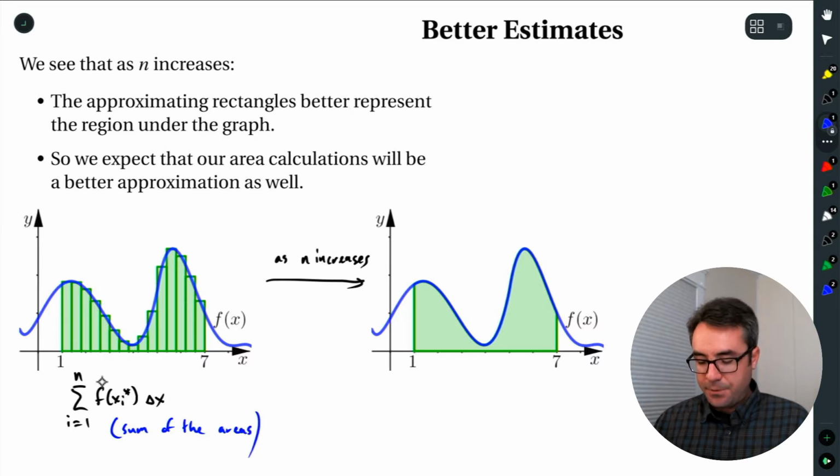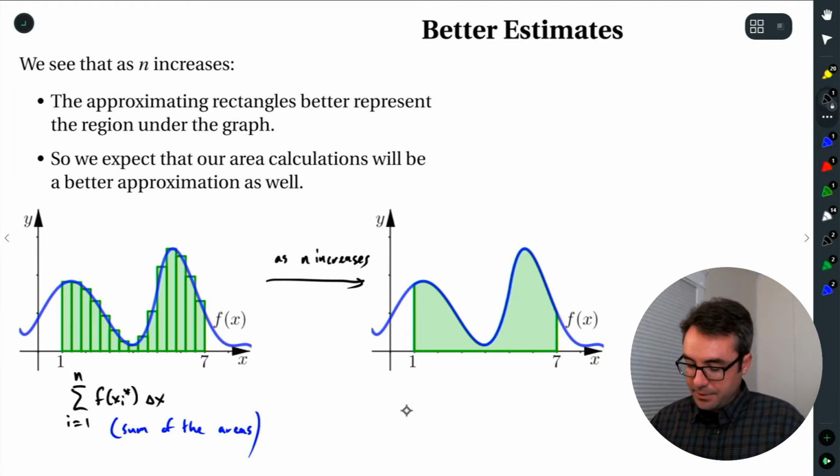If we let the number of rectangles increase, they're going to get really thin. There's going to be a whole bunch of them, and they're all going to be really thin, giving us a good approximation for what the region under the curve looks like. And so these Riemann sums, as we let n increase, are going to give us the exact area under the curve.